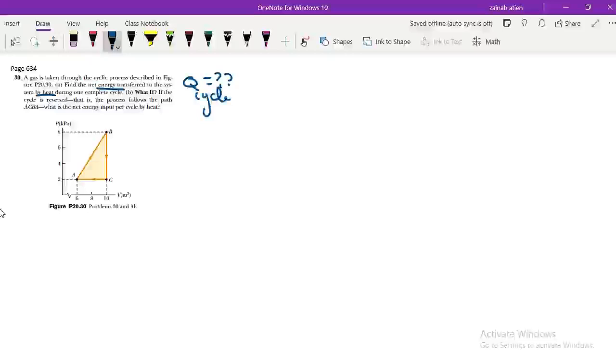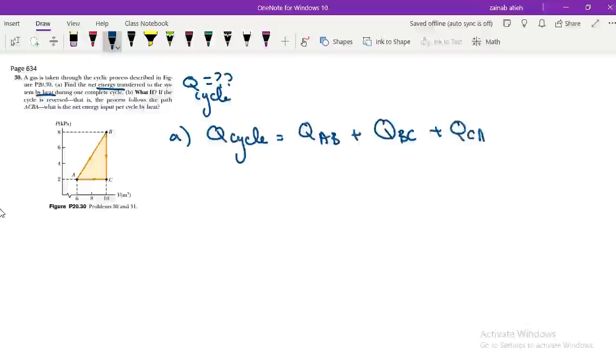There are two ways to calculate Q of a cycle. This is part A. Q of a cycle is simply QAB plus QBC plus QCA. But again, I have no information about the part which is AB, this straight one.